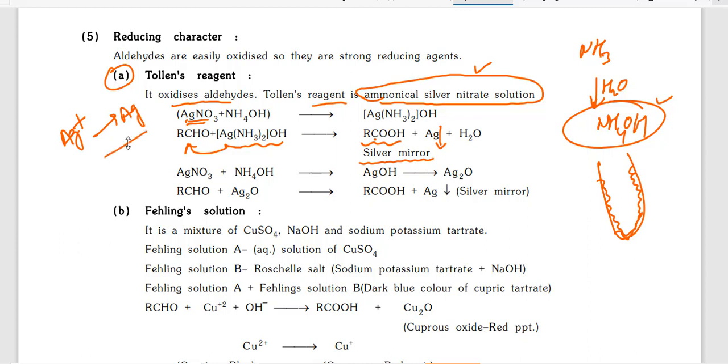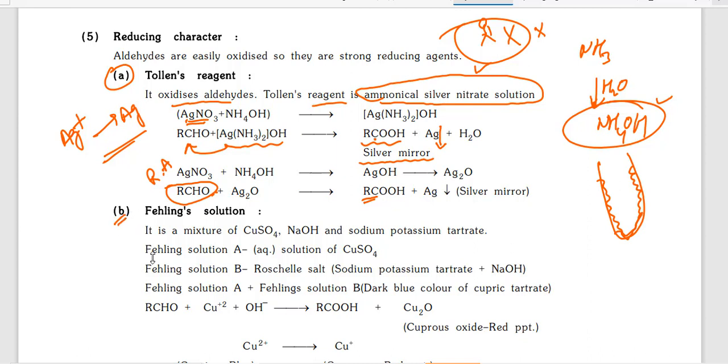So the aldehyde is a reducing agent, itself undergoing oxidation. Ketones do not give this test.